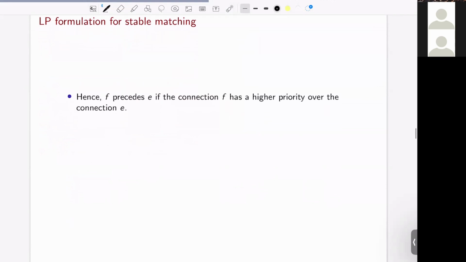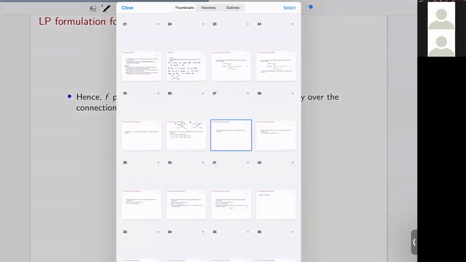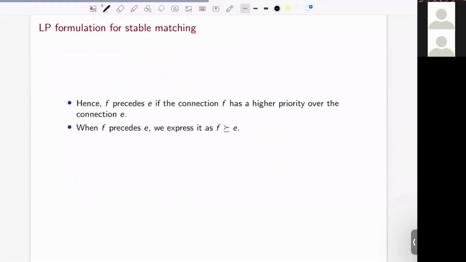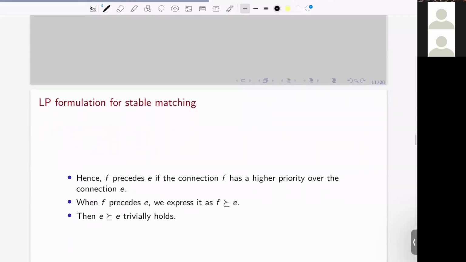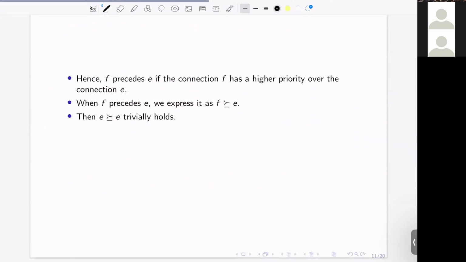In other words, we say that F precedes E if F has a higher priority over E. So we write it as this one. If F precedes E, we use this partial order notation between F and E. Of course, if you take the same edges E and E, E precedes E trivially.